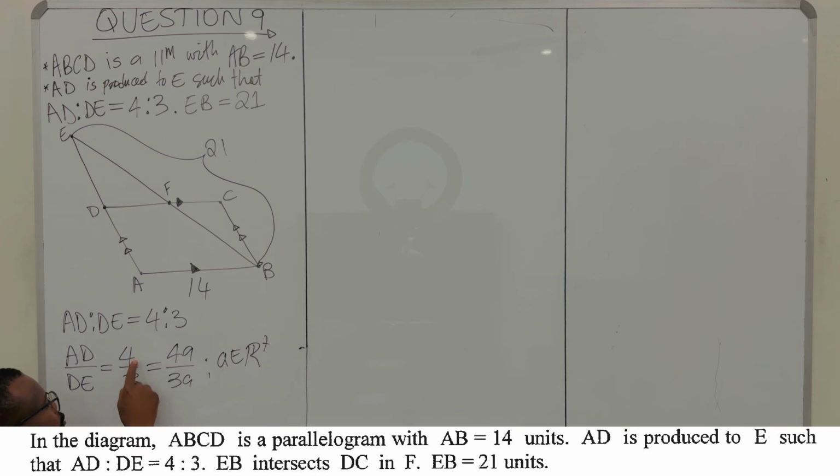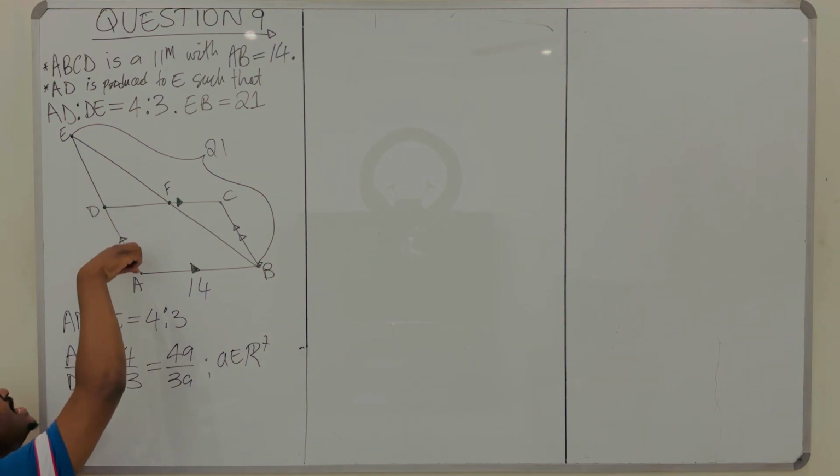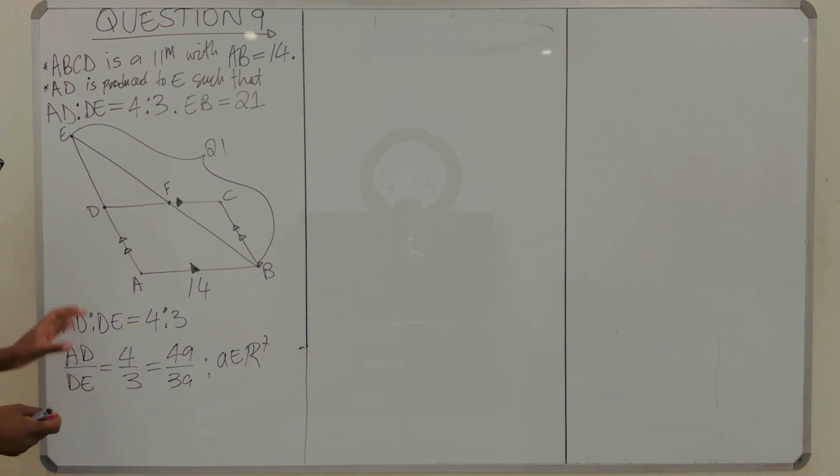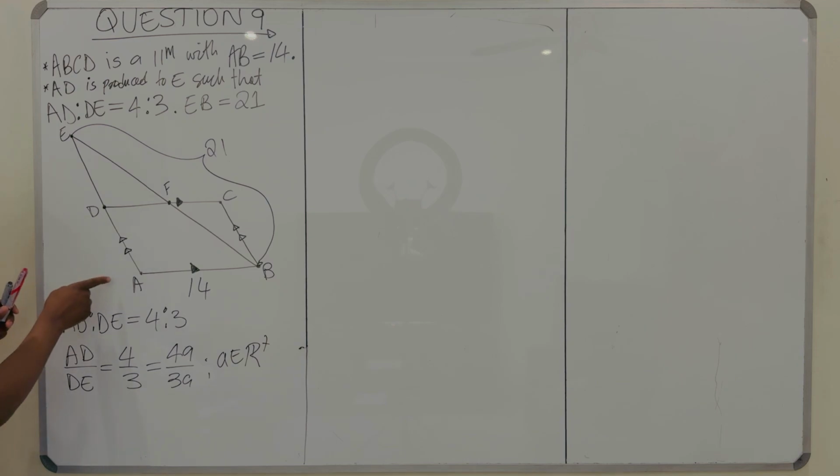So think of 4/3 as a simplified version of the lengths of those two. Let's say the length of AD was 8, maybe. This is an example, I'm not saying it's 8. Let's say the length of AD was equal to 8, and the length of DE was equal to 6.